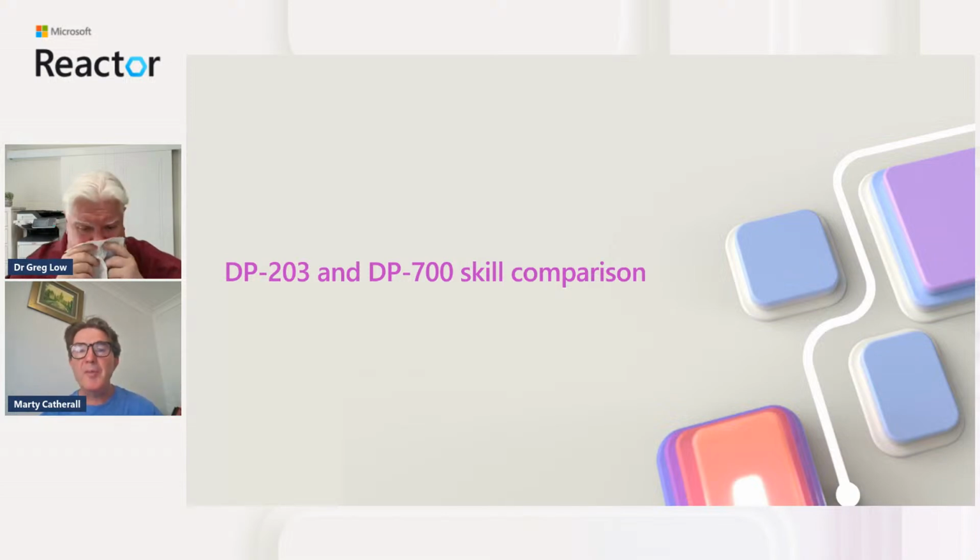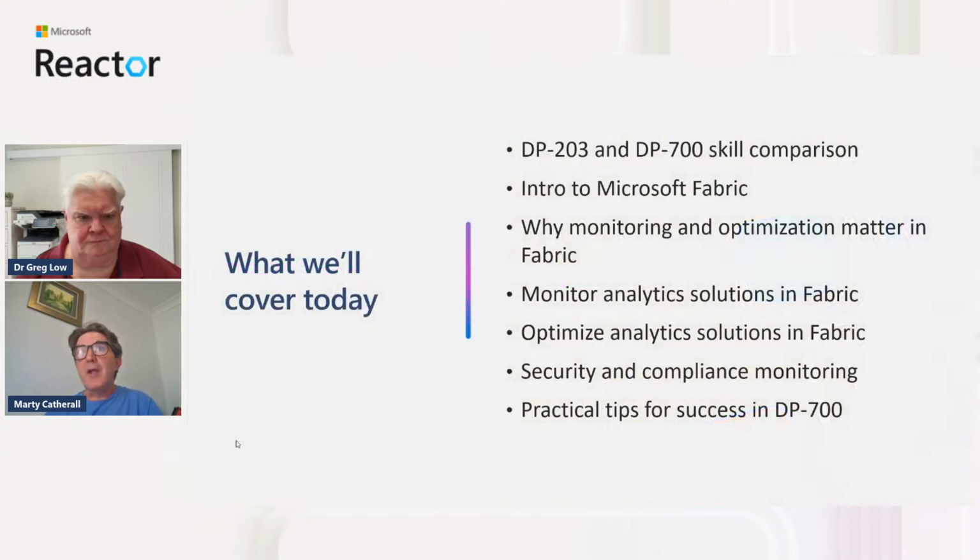The technology may have changed, but the underlying principles have stayed very similar. So we'll talk through all of that, and we'll also point out where things have changed and where they have remained the same.